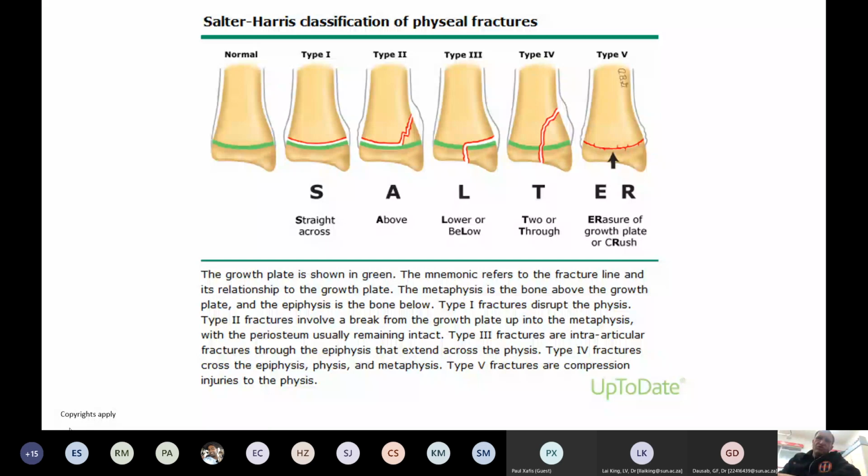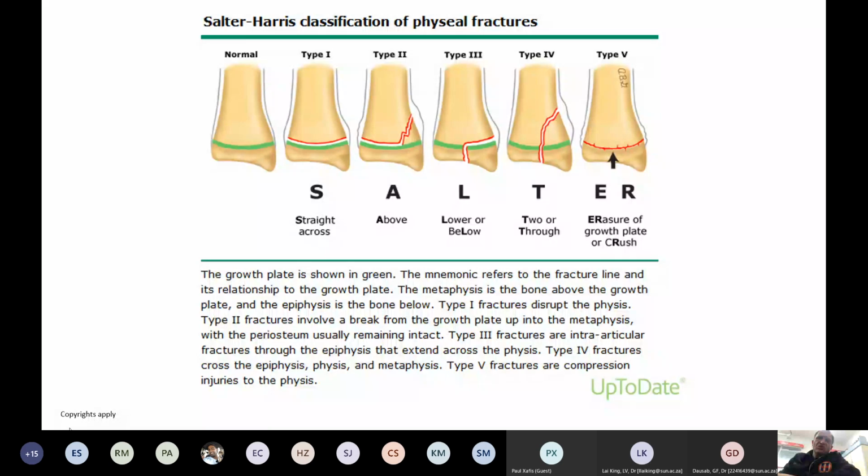So be sure that you know where the metaphysis is when you are asked about the different Salter-Harris injuries. It is unfortunately an exam question as well, but more so for clinical practice when you speak to your orthopedic consultants or colleagues, that you both are on the same page on what you are describing.